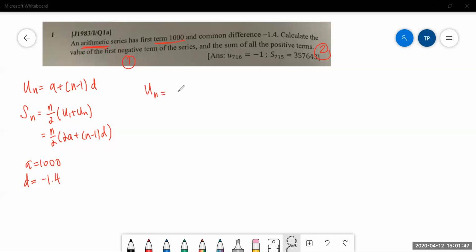Why equals negative 1? Or can it be just any negative number? How do you use math to tell people that you want un to be negative? Less than 0. You see, when you talk to yourself, everything will flow. You want un to be less than 0, you're right. So we just need to solve for this. Can you solve it for me?